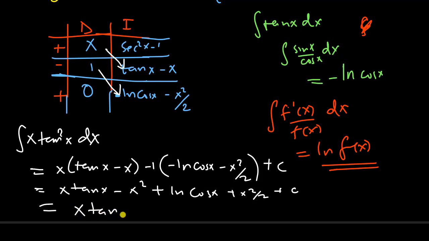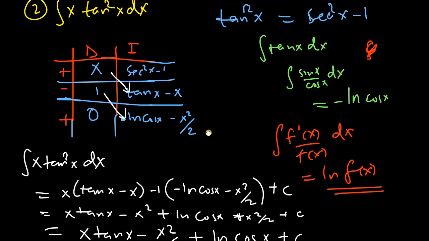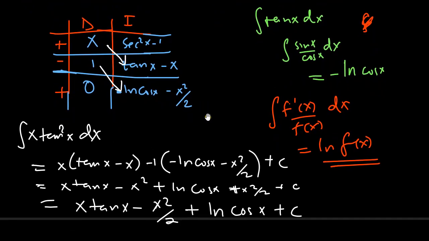That would be x tan x minus, so this minus x squared and plus x squared over 2, that's minus x squared over 2, plus natural log of cos x plus a constant of integration. So that's our final solution to this. Again you can see the DI method really makes this shorter.